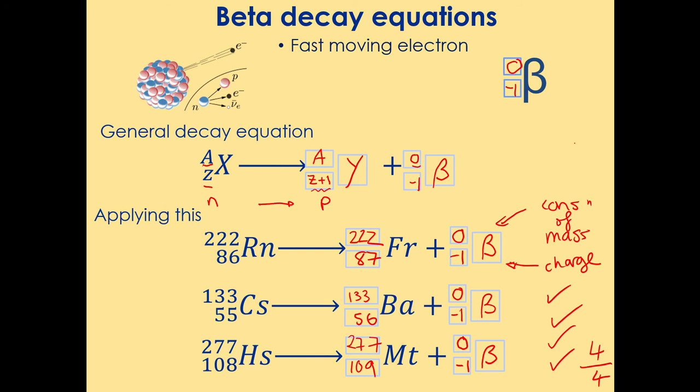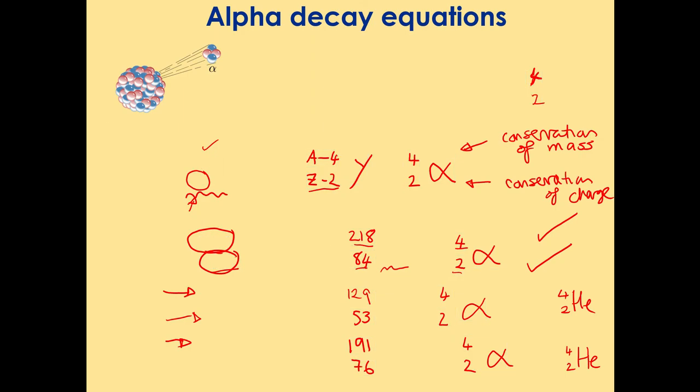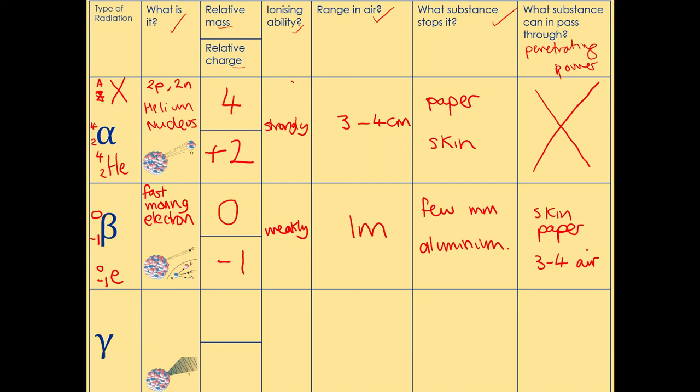So next thing we're going to do is go back to our table and talk a little bit about gamma. Okay, so in terms of gamma, gamma is something that you will have heard of all the way back in the 3rd year. Gamma is a type of electromagnetic wave.